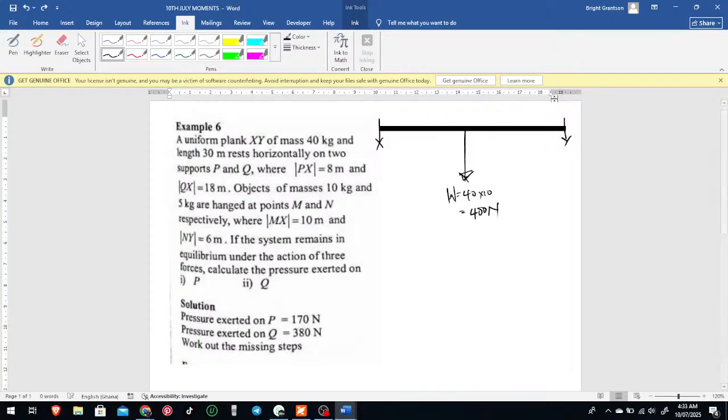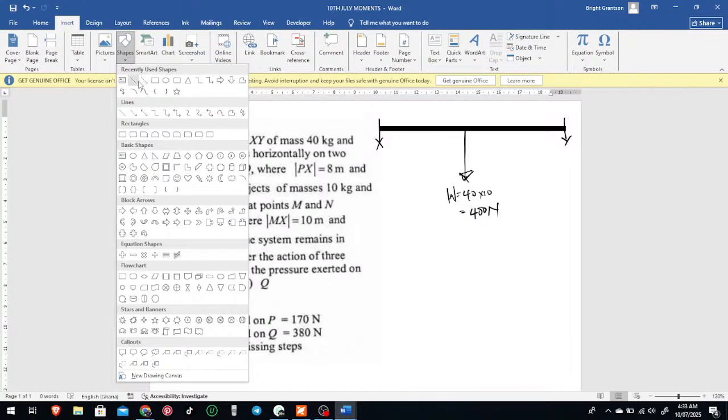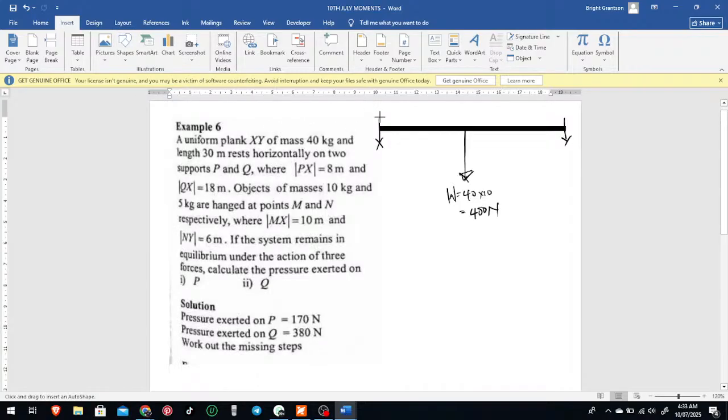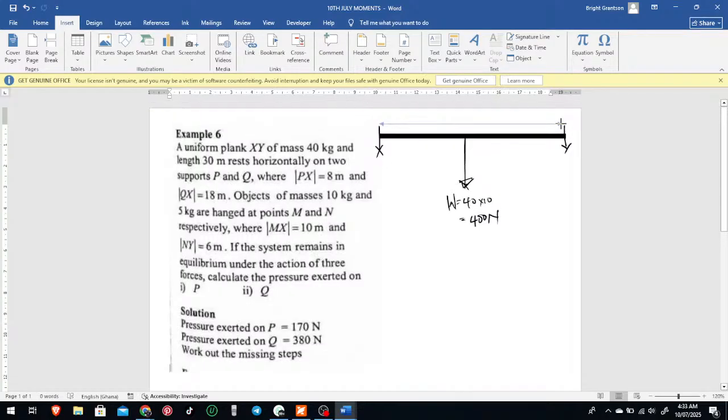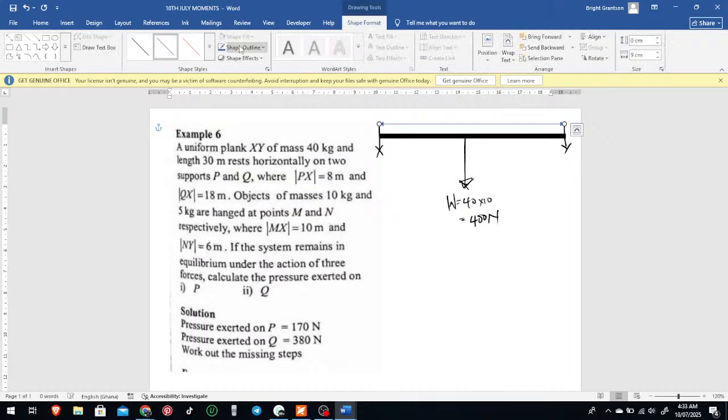So let me just duplicate this one. Drawing of the diagram is very effective.